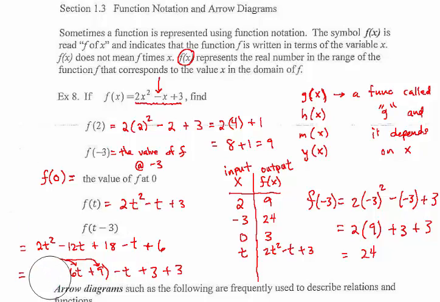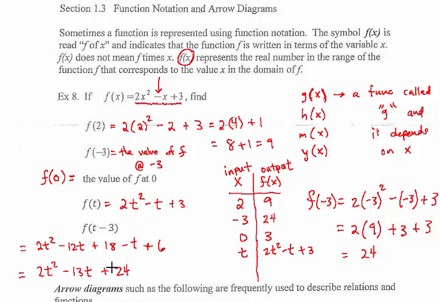And now that all the parentheses are gone, we can combine like terms and write 2t squared. We have a minus 12t and a minus 1t, making a minus 13t. And then we have an 18 and a 6, and that makes a 24.